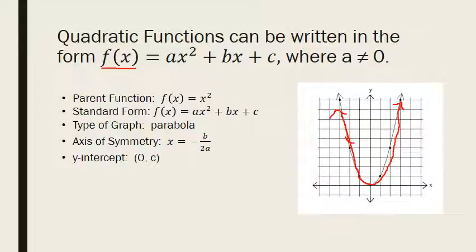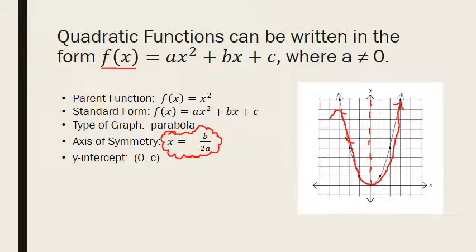Axis of symmetry. Here's our new formula, so definitely make sure you're copying this down. It's x equals the opposite of b divided by 2a. The axis of symmetry is the line that cuts through the parabola to make it symmetric.